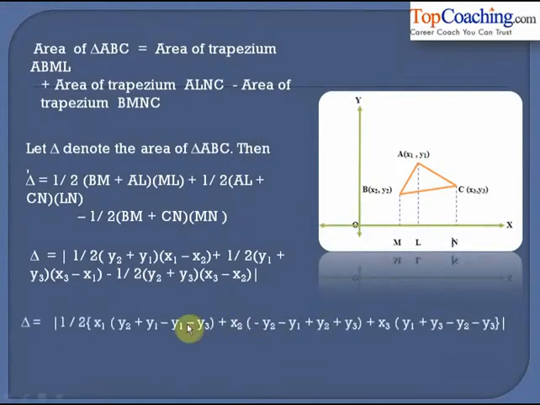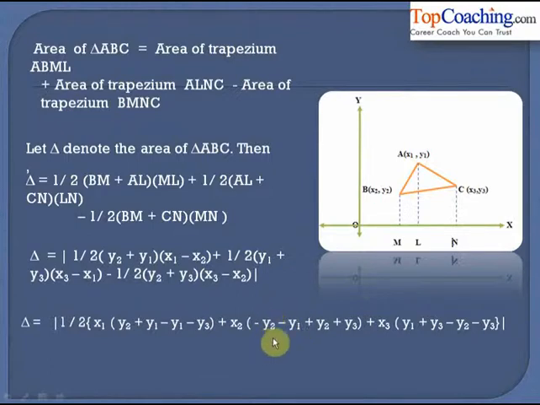Now, this could be further written as area equal to modulus of 1 by 2 into x1 into y2 plus y1 minus y1 minus y3 plus x2 into minus y2 minus y1 plus y2 plus y3 plus x3 into y1 plus y3 minus y2 minus y3. When we solve it further, here again we see that y1 and y1 get cancelled in this expression.